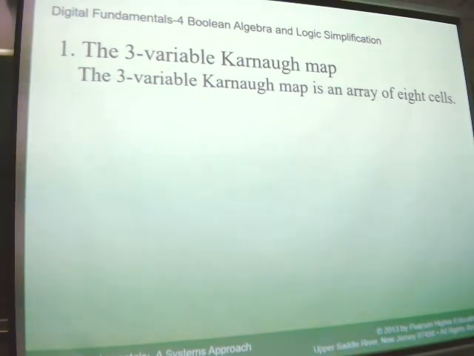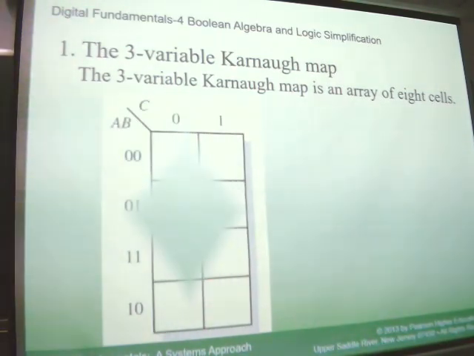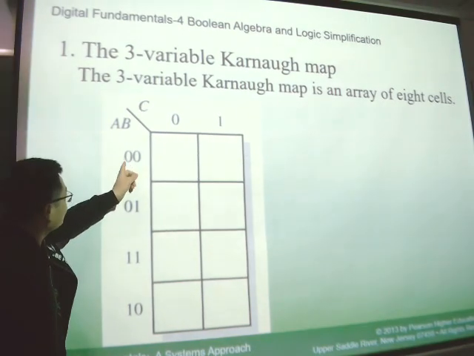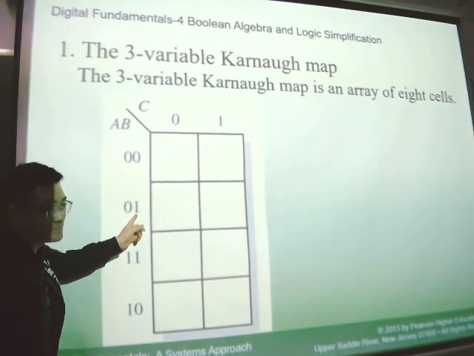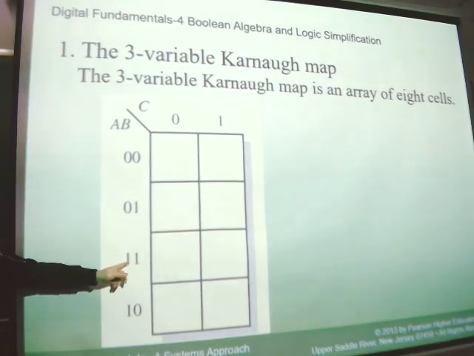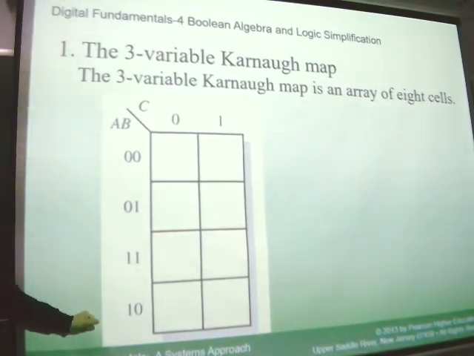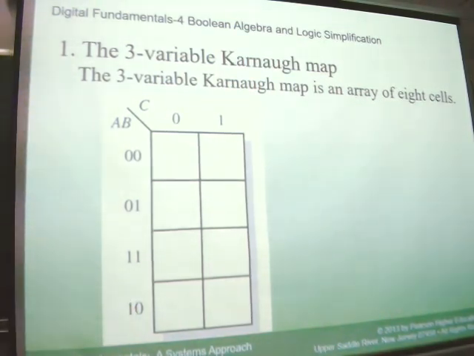For example, the three variable kernel map is an array of 8 cells, like this. AB: 0 0, 0 1, but the third is not 1 0, it is 1 1, and then 1 0.